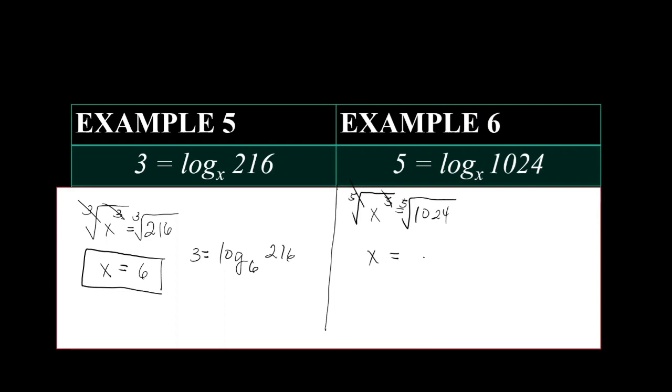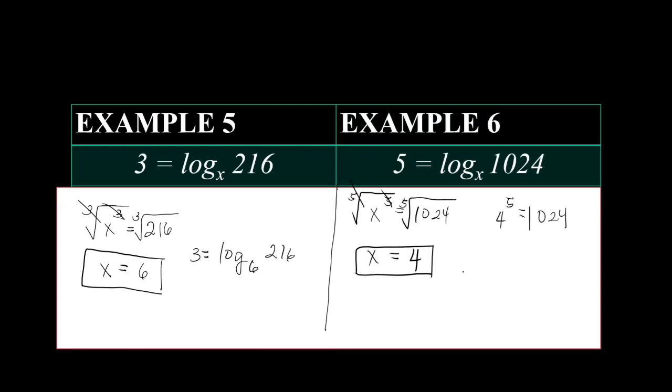You can try 5 times 5 times 5 times 5 times 5, that is 3,125. Let's try another. 4 times 4 times 4 times 4 times 4. When we multiply 4 raised to 5, that is equal to 1,024. Therefore, the fifth root of 1,024 is 4. So this is the value of your x, or the value of the base.